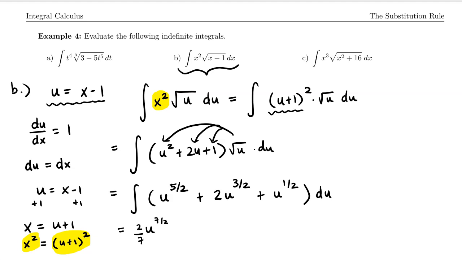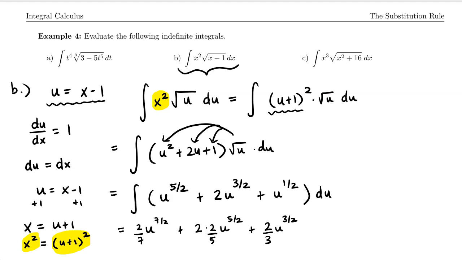So I have 2/7 as my coefficient, plus 2 times, if I increase my power by 1, u to the 5/2 power, and then I'm going to multiply by the reciprocal there, and plus u to the 3/2 power. Once again, my new power is 3/2, so if I divide by 3/2, that's the same thing as multiplying by the reciprocal.